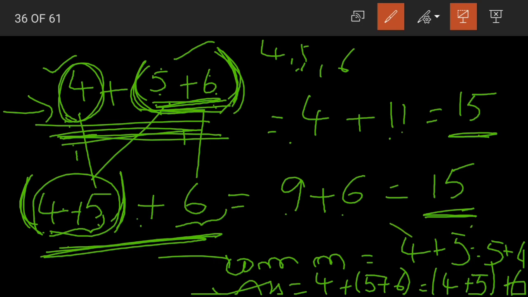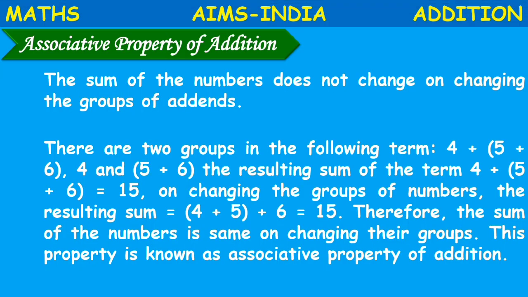In commutative we have only two numbers and their order is changed. In associative we have three numbers and their groups are changed. No matter the groups are changed, the resulting sum is the same. Yes children? So this is what is about associative property. Therefore the sum of the numbers is the same on changing their groups.